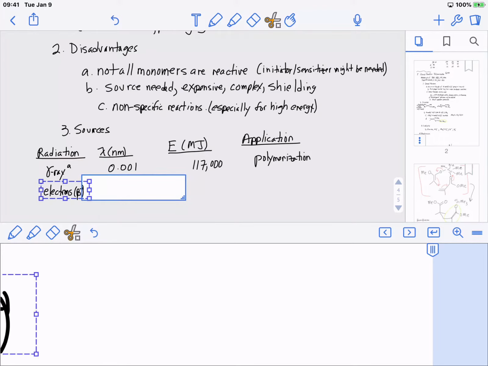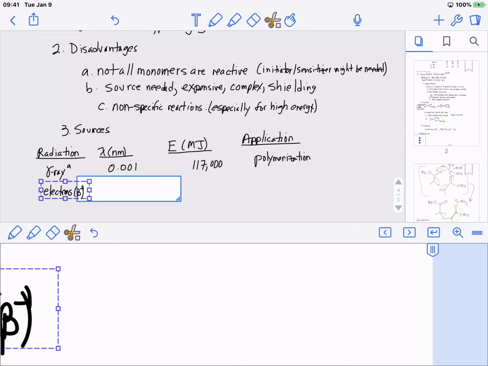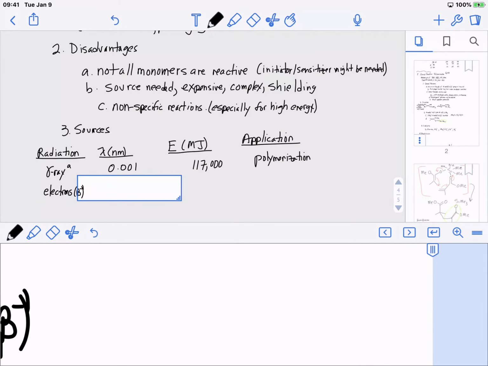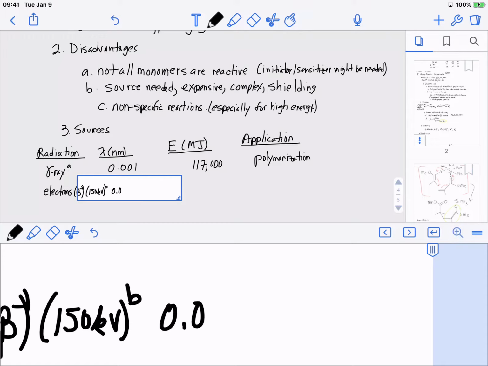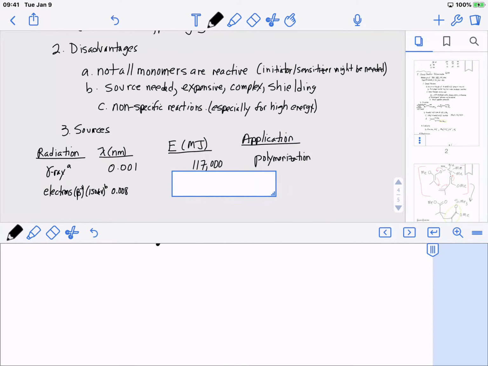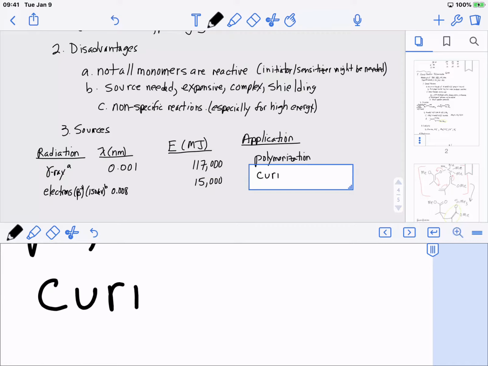And this is an electron of about 150 kilovolts of potential. Reference B. So this is 0.008 or thereabouts. Energies, 15,000, so an order of magnitude lower in energy. Often electron beams are used for curing reactions.